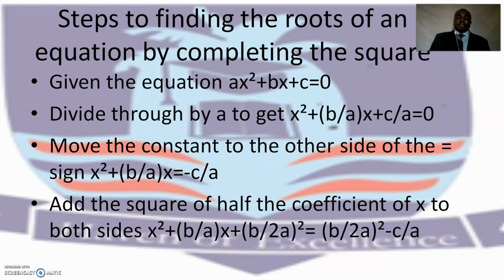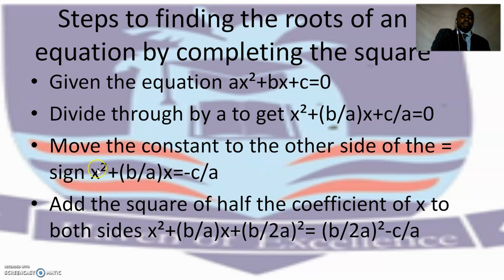Now, if we divide through by a, we'll have x squared plus b over a x plus c over a, being the constant. Subtract c over a from both sides, and we have this. We saw that the middle term from that perfect square was 2 times p times q.